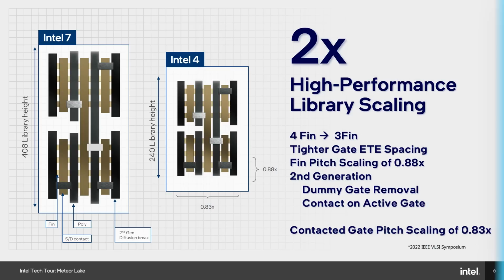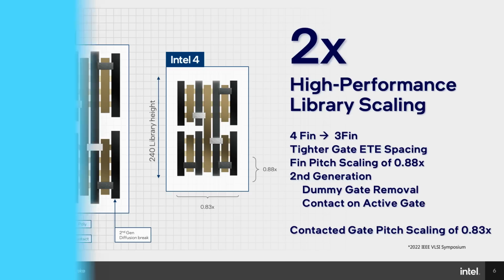When we drop a gate contact, prior to 10 nanometer, you would never put it on top of a gate. It was always off the gate, and then you'd use the conductivity of the gate metal to get to the transistor. Starting on 10, we dropped it on top of the gate. And that allows that, because we don't have to drop the contact so far away, we can achieve better scaling.